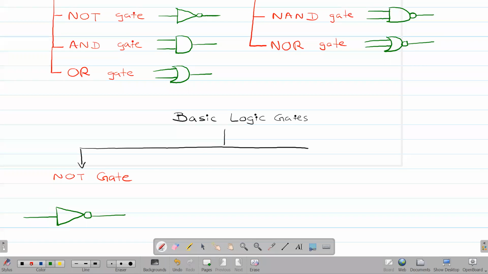So what are these lines? These lines are indicating the inputs and the outputs. So on the left-hand side, we have inputs, and on the right-hand side, we have outputs. Right? And when it comes to the gate, this gate has a specific operation. Like in an electrical circuit, you know the purpose of a resistor, you know the purpose of a capacitor, likewise.